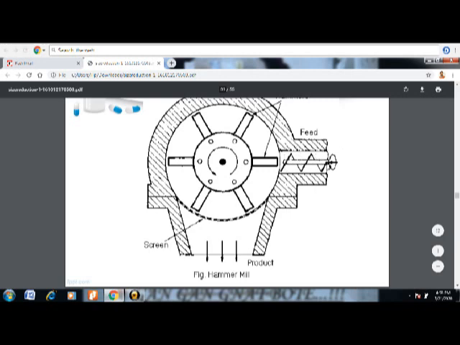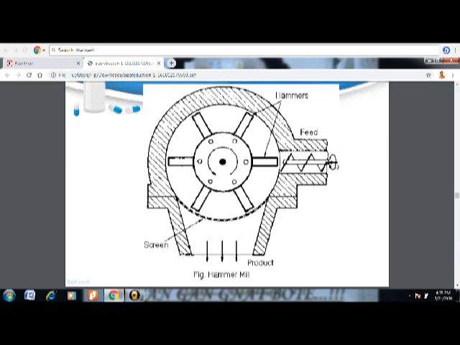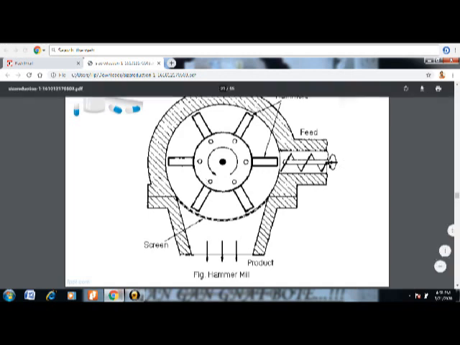What is the purpose of this screw conveyor? The feed which is introduced through this inlet is pushed into the metallic shaft with the help of the screw conveyor. In this mill, the feed is pushed in the forward direction, right?